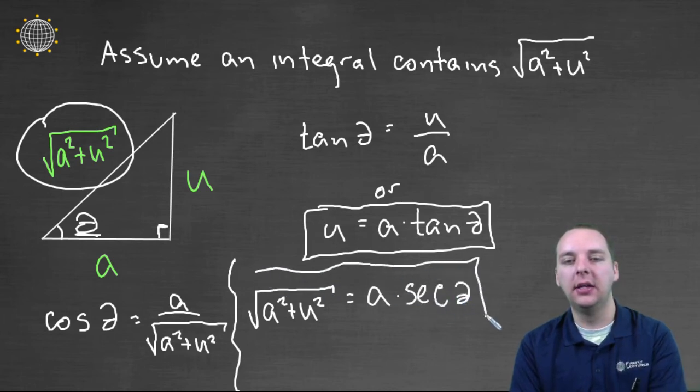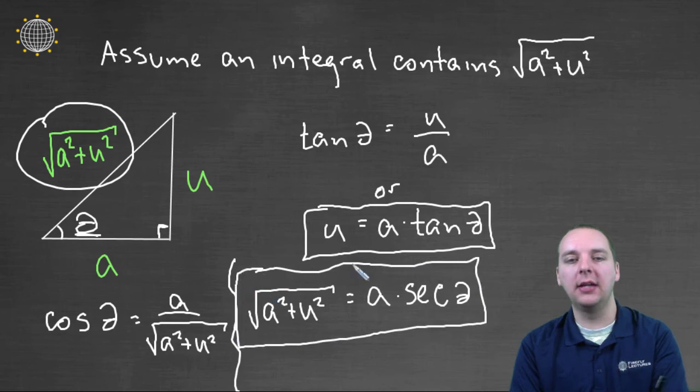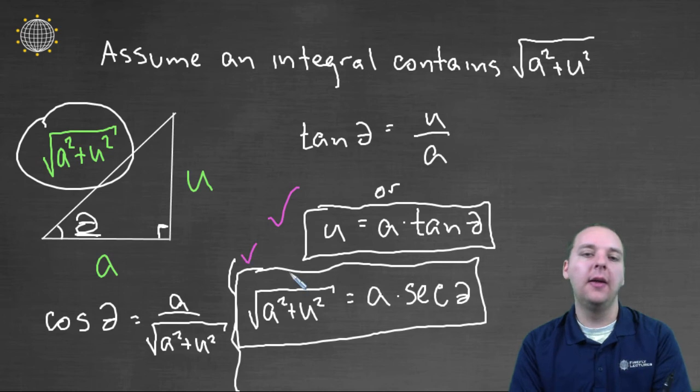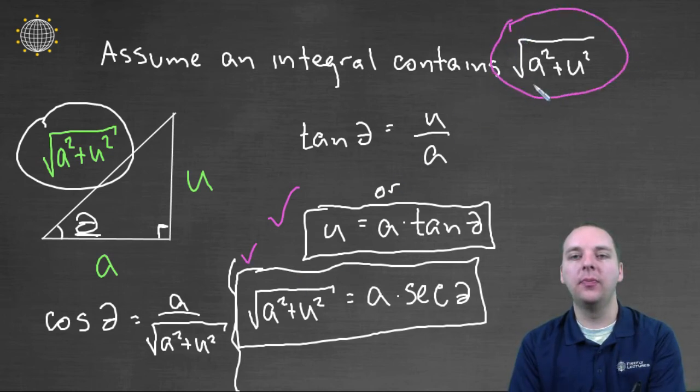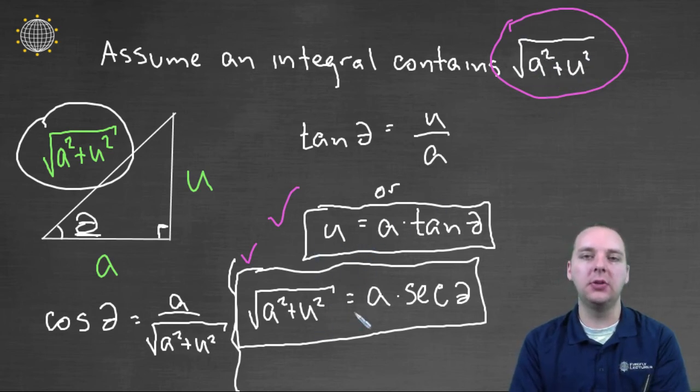So let's put boxes around these two. These are the ones we've been looking for. So in short, when you have a radical in your integral that has a squared plus u squared, then these will be the two substitutions you'll make.